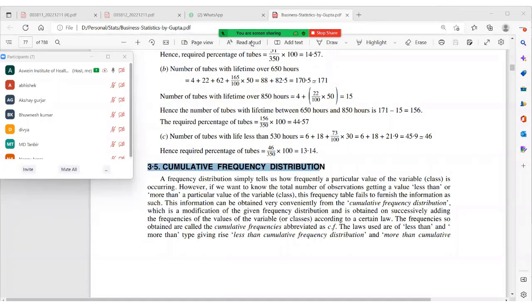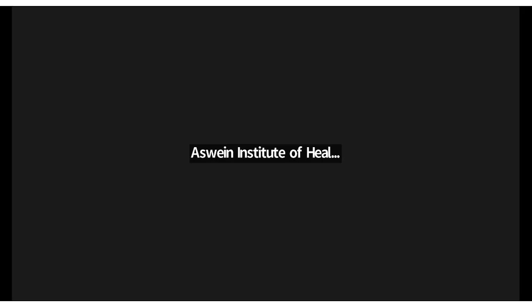Whatever we have done today, that is what frequency distribution is and how we make a table, because this will help in further calculation, such as how we calculate the mean, median, and so on.